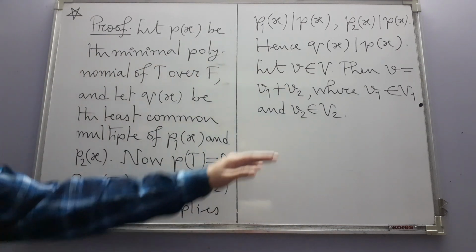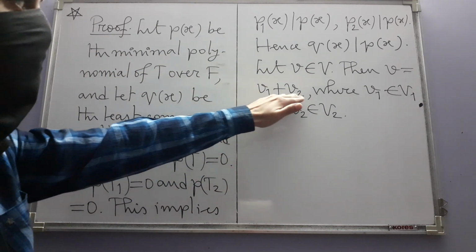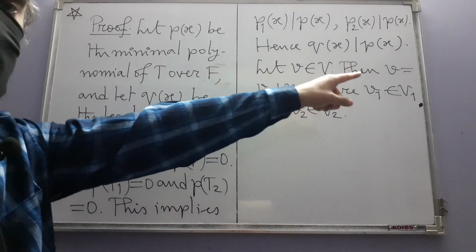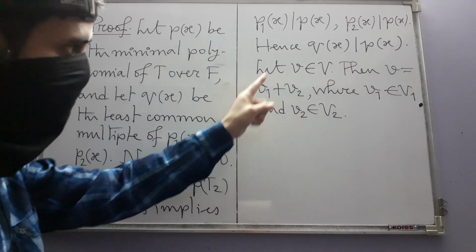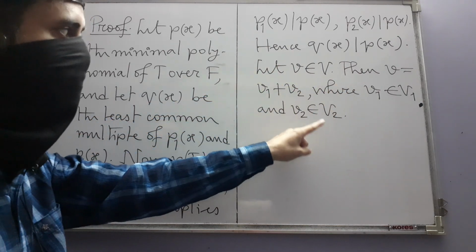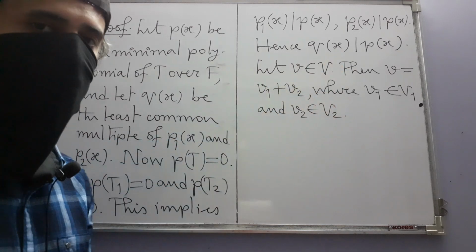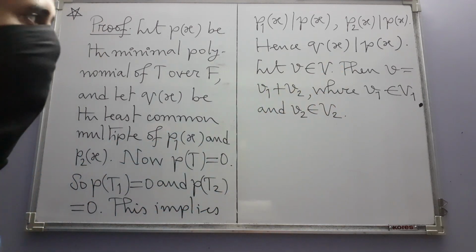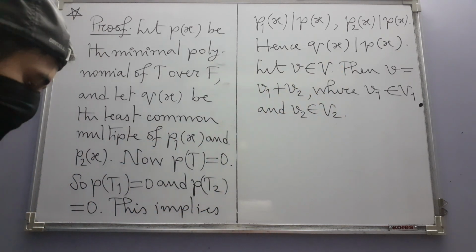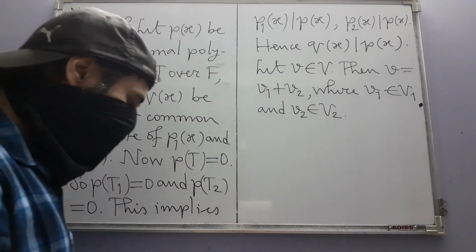Actually, due to the fact that the sum is direct, this expression is going to be unique. I mean, we are going to get only one v1 from V1 and one v2 from V2 for which this happens. But that uniqueness is not used here.